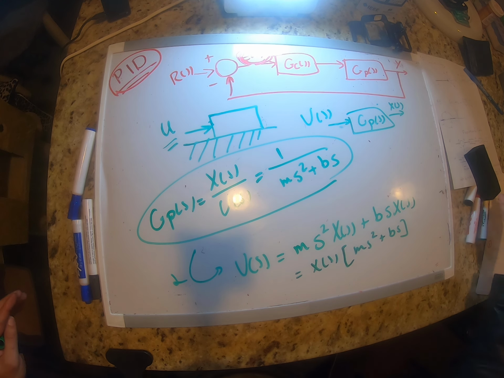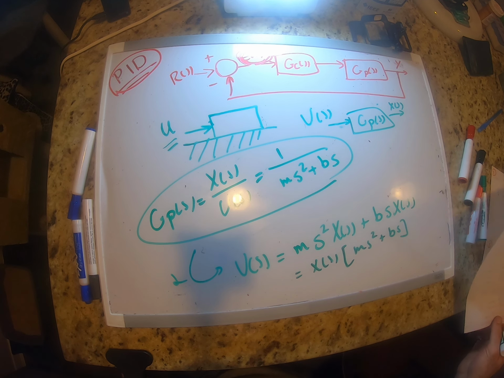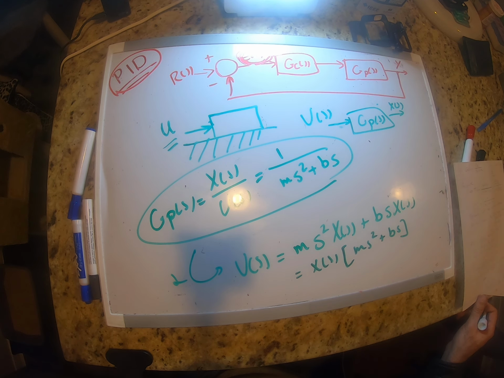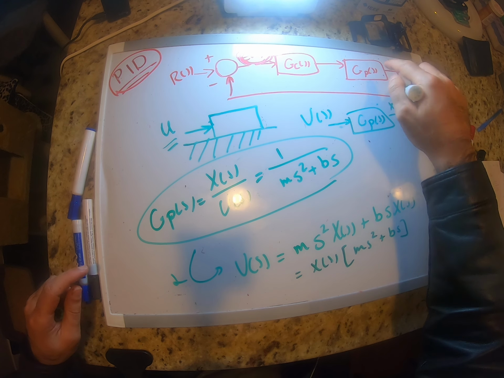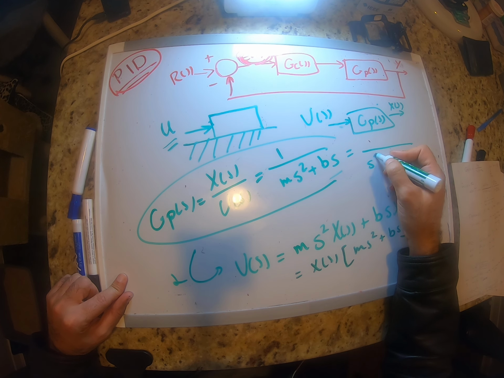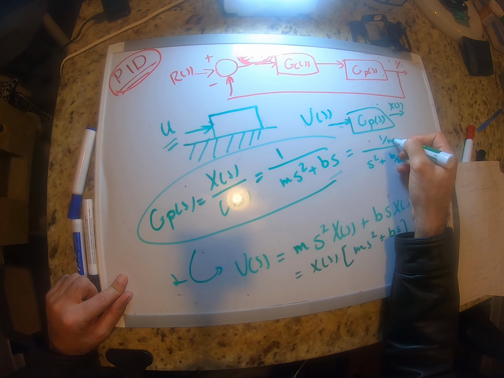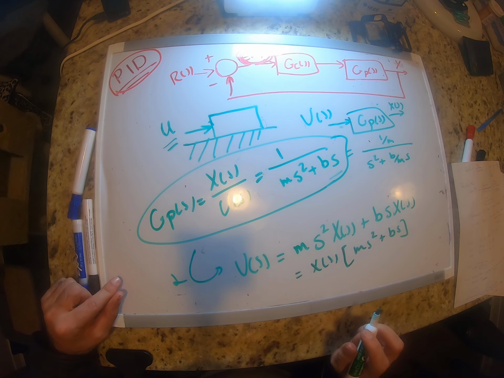Okay, so this is the transfer function of the plant, or we can also, in the standard format, write it as s squared plus b over m s, with 1 over m. Doesn't matter which one you use. Okay.